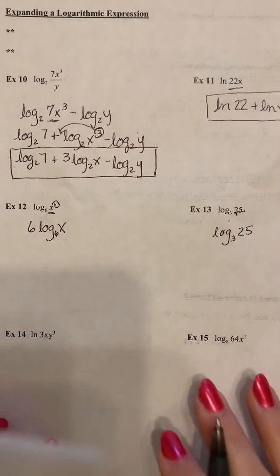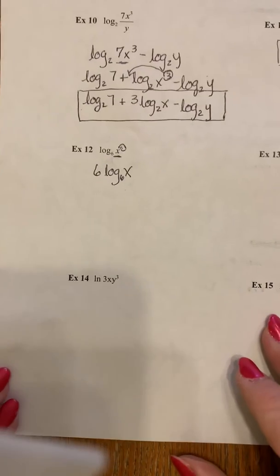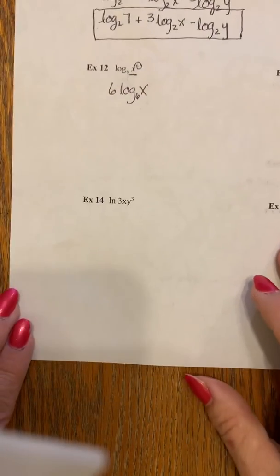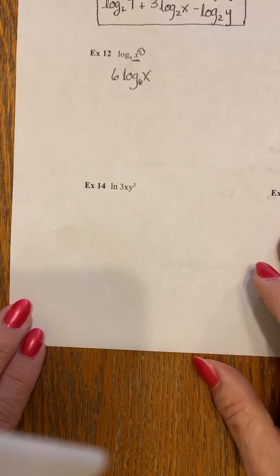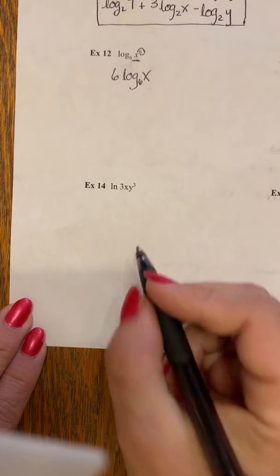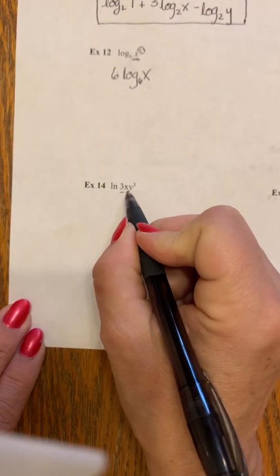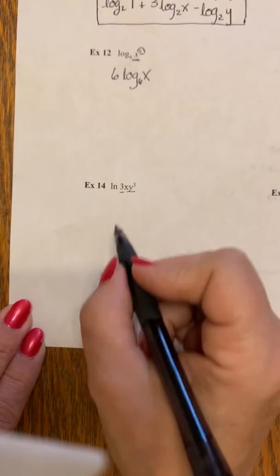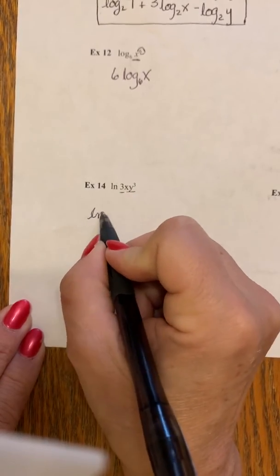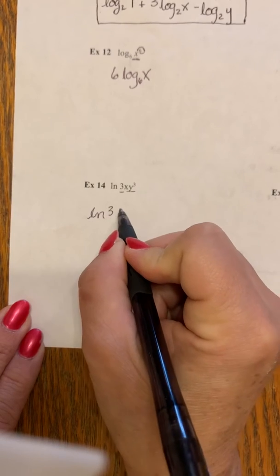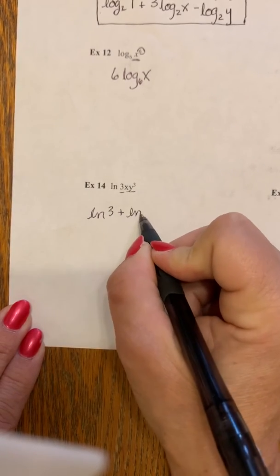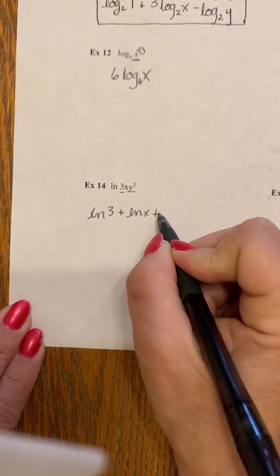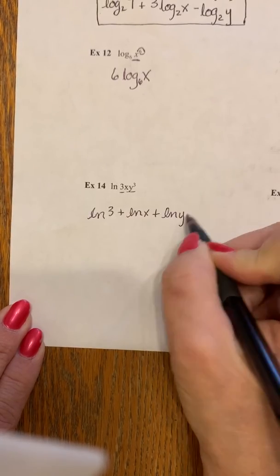Okay, moving down here to this one. Kind of a shadow on that. I'll move it up a little bit so you can see it better. You can see we have a 3, we have an x, and we have y cubed. So this is going to break up into the natural log of 3 plus the natural log of x plus the natural log of y cubed.